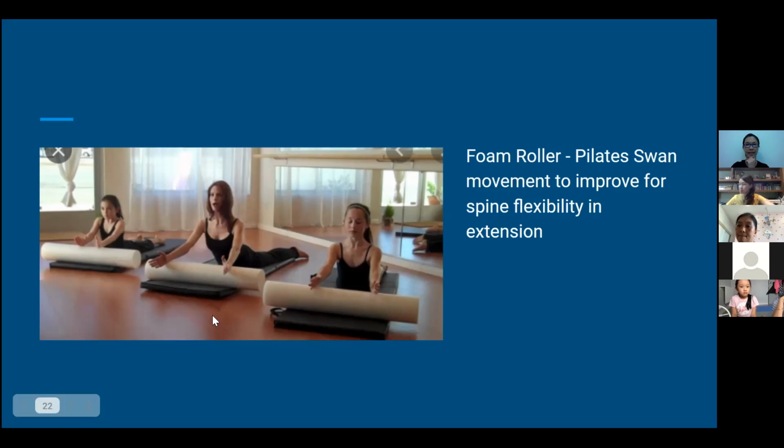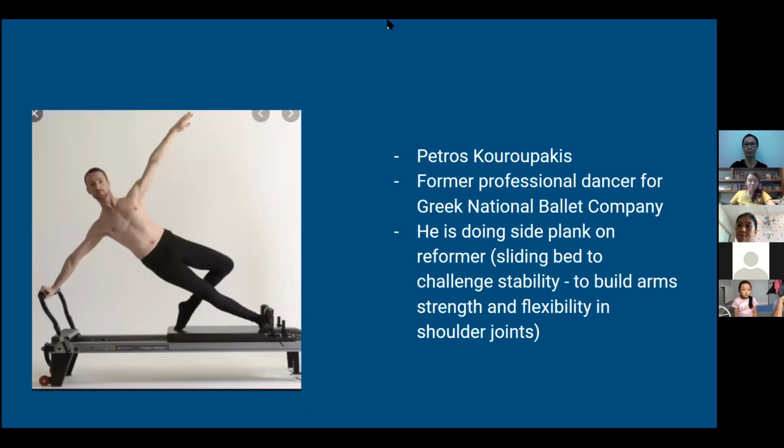Now, the next one, this guy called Petrol. He's a former dancer for a great national ballet company, and he's doing a side plank on the reformer. We also have this in the studio. The carriage will slide in and out, the bottom part controlled by spring tension. The spring tension can be a very strong spring or a very light spring.